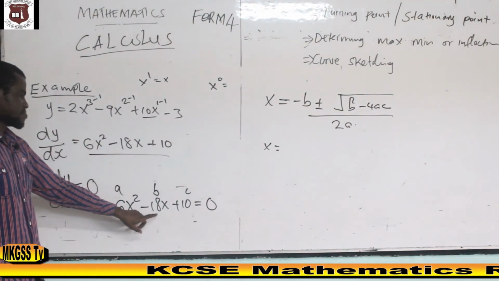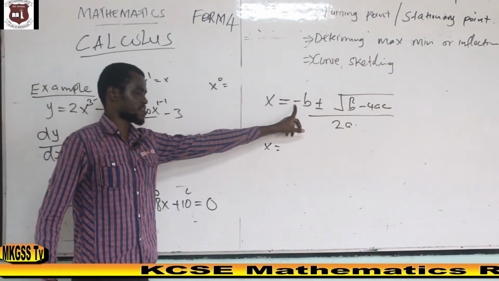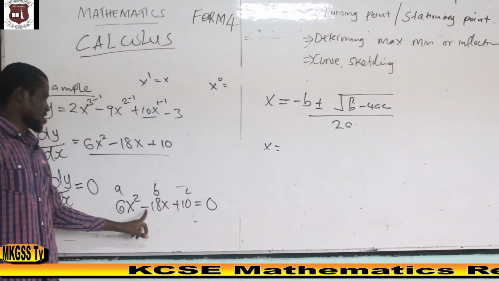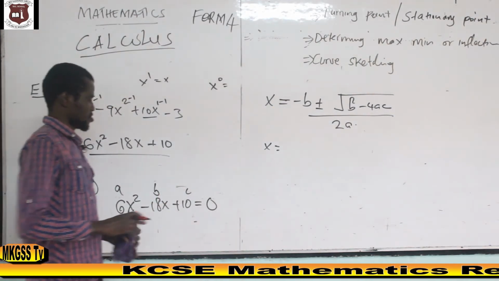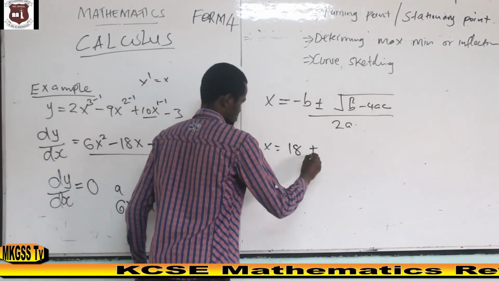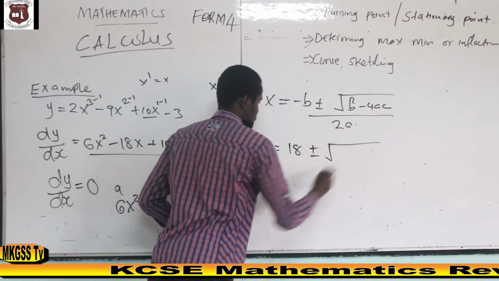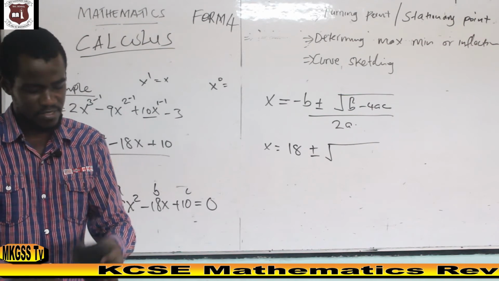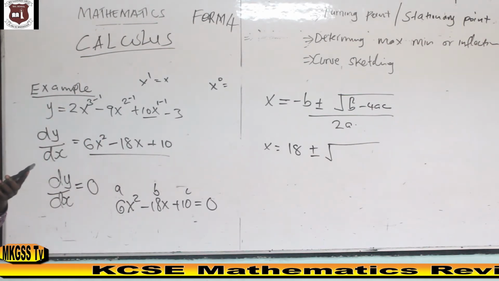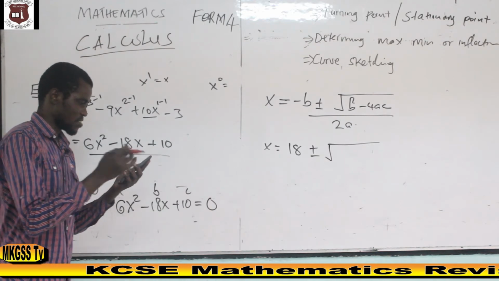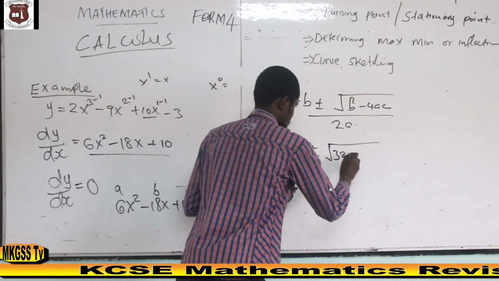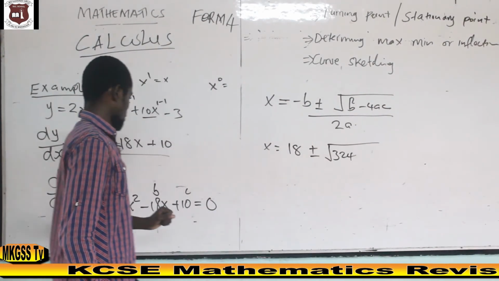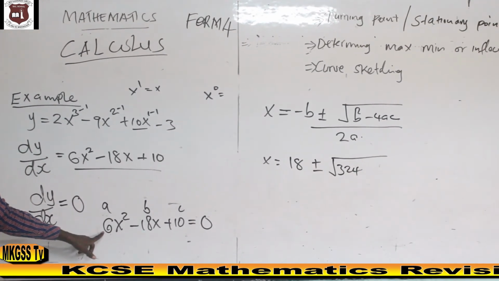For b I have negative 18. In my formula I also have negative b, so this negative and this negative cancel and become positive. I will have 18 plus or minus the square root of b squared, which is negative 18 squared. That gives you 324. Then I have negative 4a, where a is 6.